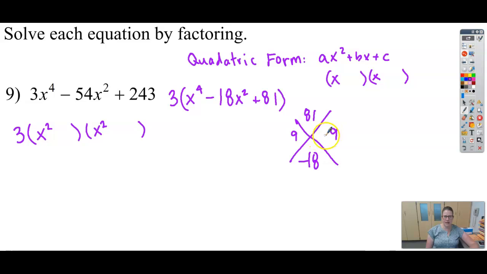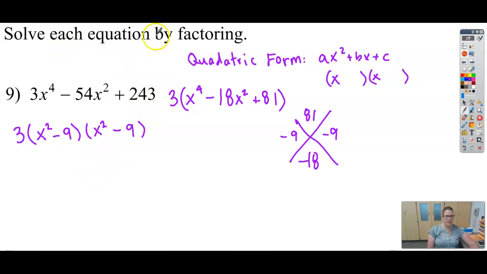Because I want a negative 18, I'm going to make both of those negative so that when I multiply them, the negative goes away and it becomes positive 81, but when I add them, I get negative 18. Now let's put our factors in over here. We would divide these by a, but remember a was just 1, so it won't change them.